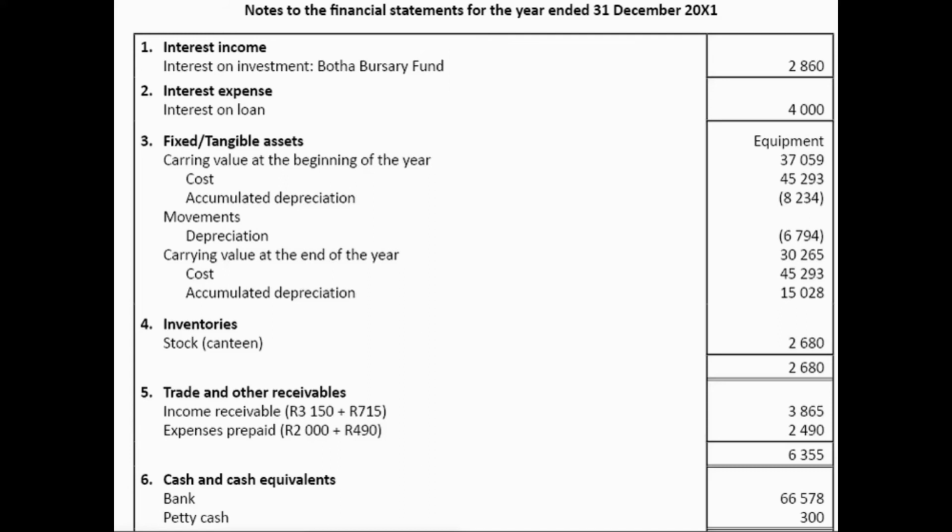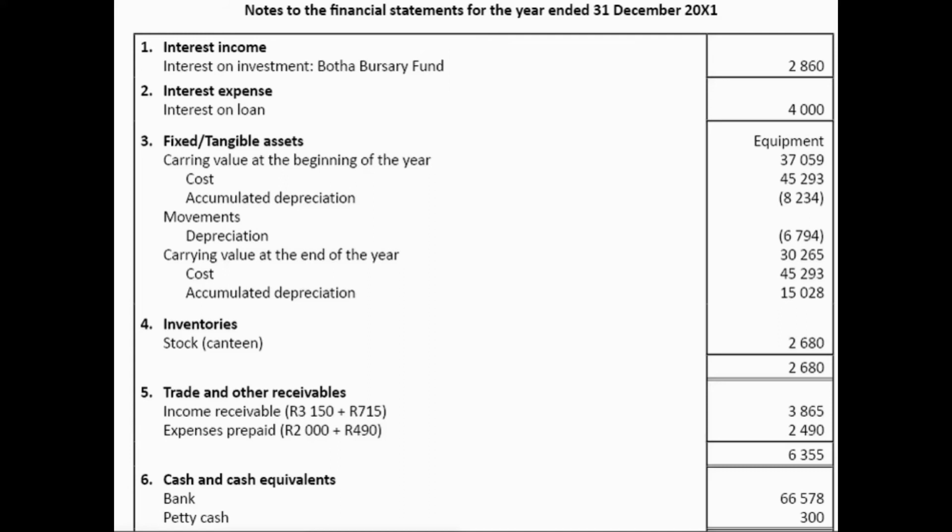All right. So that balance in that account is then at the end of the year 15,028. All right. And the cost is still 45,293. So if you deduct the accumulated depreciation from the cost, you get the carrying value at the end of the year of 30,265, and that is the amount that you will enter in your balance sheet.